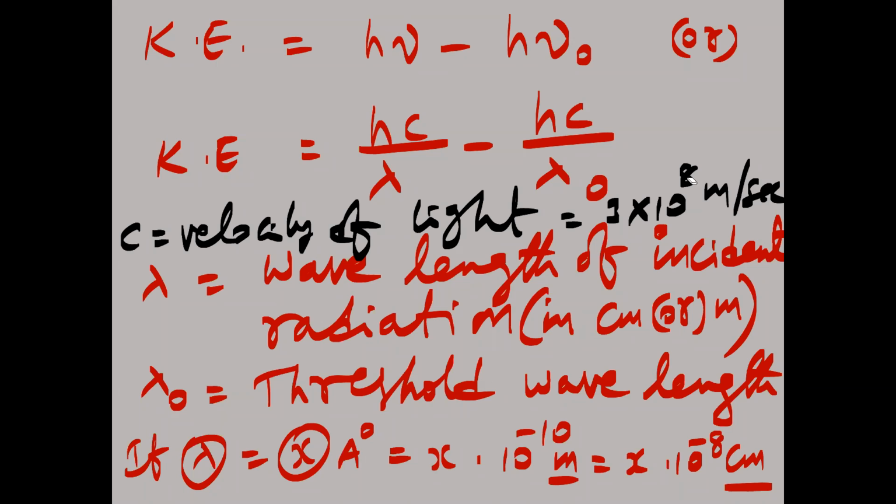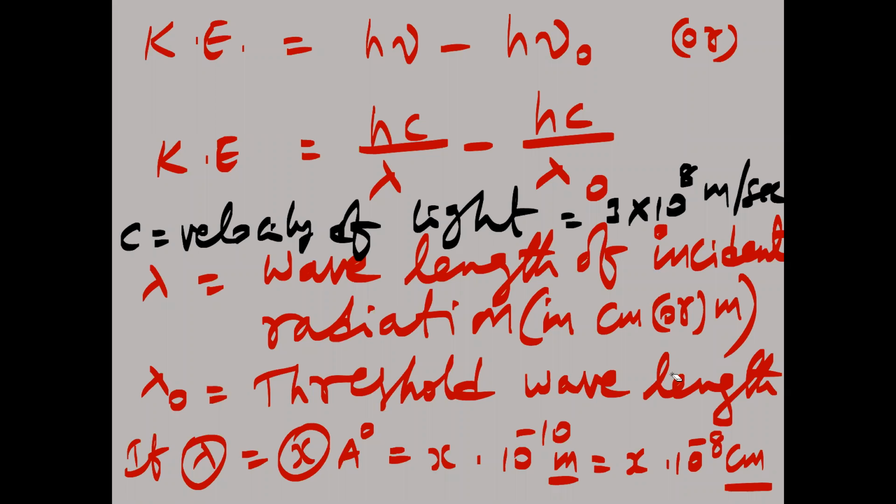It is the velocity of any electromagnetic radiation like X-rays, gamma rays, any rays. So this is about the kinetic energy of photoelectrons ejected. Is the concept clear so far? Take the screenshot once.